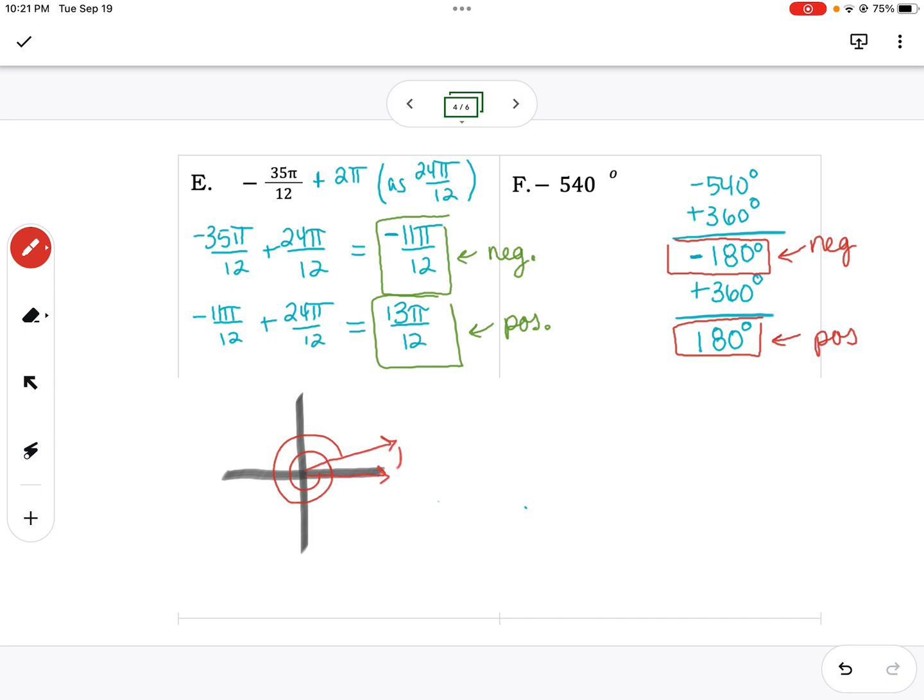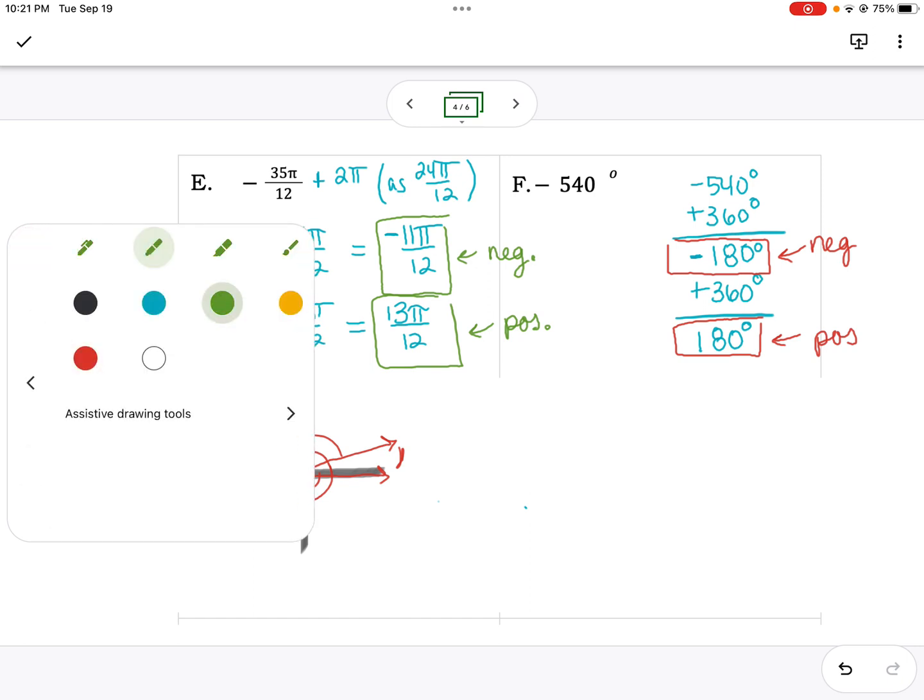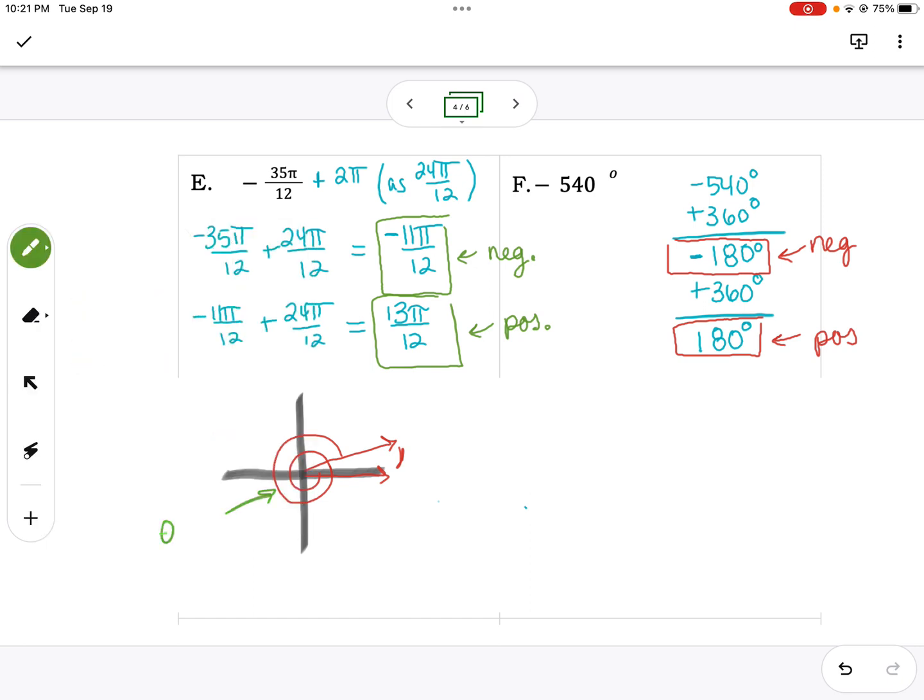So then this, let me point out, this rotation, all of that, that represents the angle negative 35 pi over 12. This little sliver right here, theta being 1/12 of pi, that's my reference angle, okay? Because that's what's left to finish out my rotation.